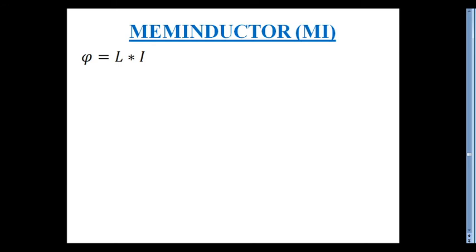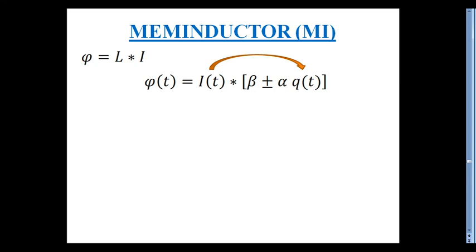Now meminductor. Meminductor phi equals to Li, so we can write phi equals to phi t times It, then beta plus minus alpha times the integral of It, Qt. It is very simple, you can write it by practicing one or two times, then you become an expert. So this one is the time integral of It.